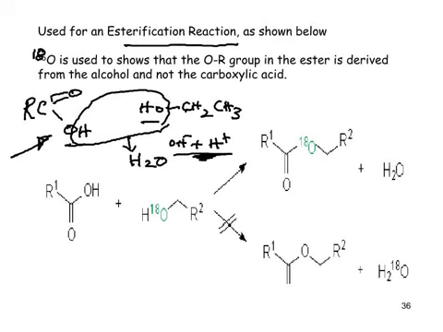if you label the oxygen, let's say you manage to make ethanol that has O18 in it instead, which I'm using the red asterisk to indicate here. If this had been correct, then where would that OH show up? Well, that OH should show up in the water.